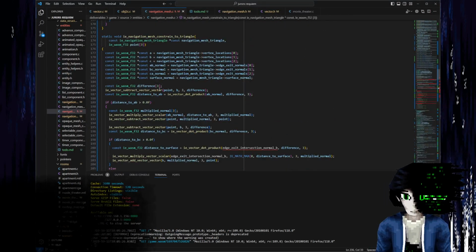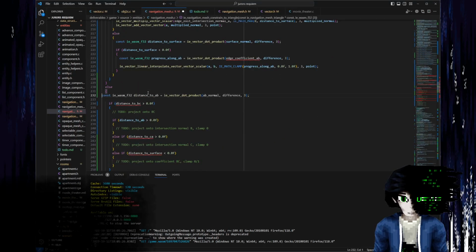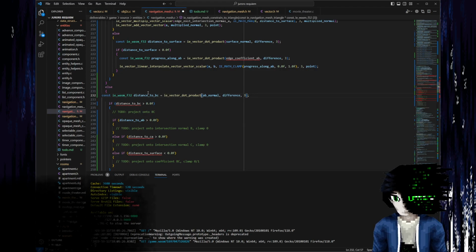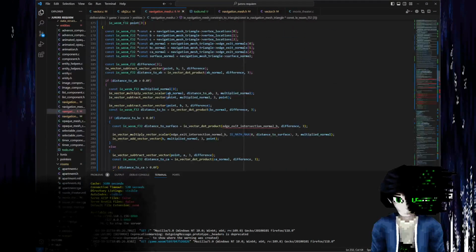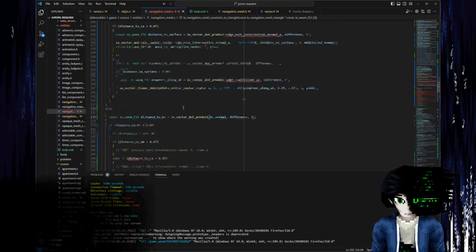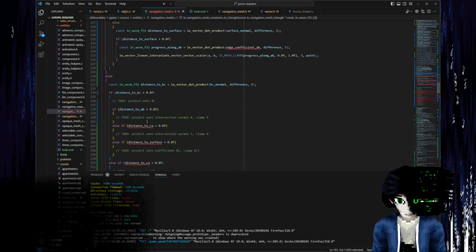So we've got the difference to B, so now we can use the BC normal to get the distance to BC. Okay, so now we know we're over BC, so we project onto BC. It's as simple as this.